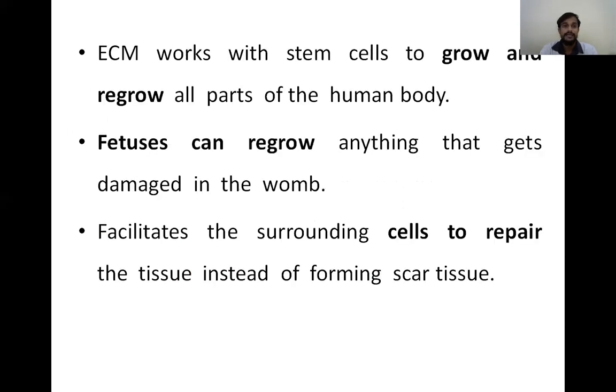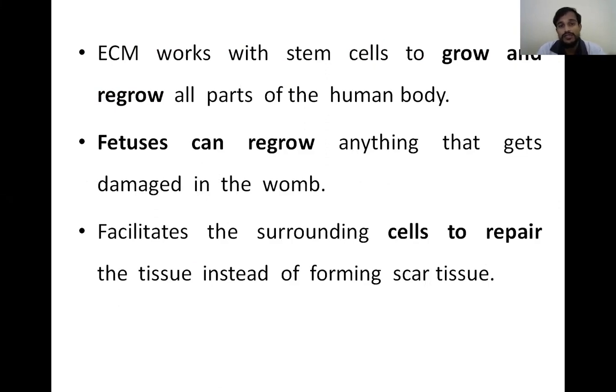And apart from that, the extracellular matrix works with the stem cells for the growth and regrowth of all the parts of the human body. So when there is any damage to any part of the human body, it grows and regrows because of stem cells. So this extracellular matrix works with the stem cells for this growth and regrowth.